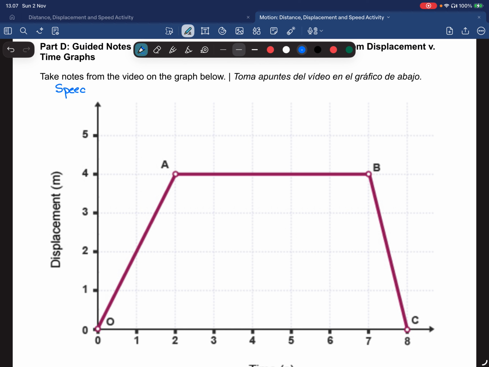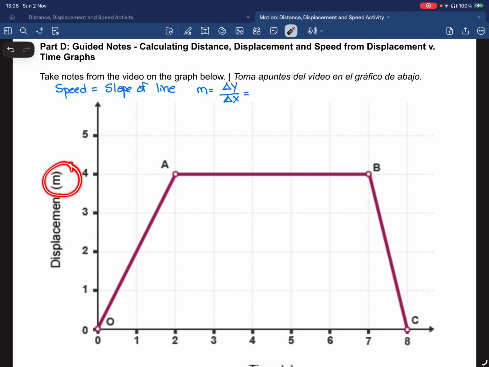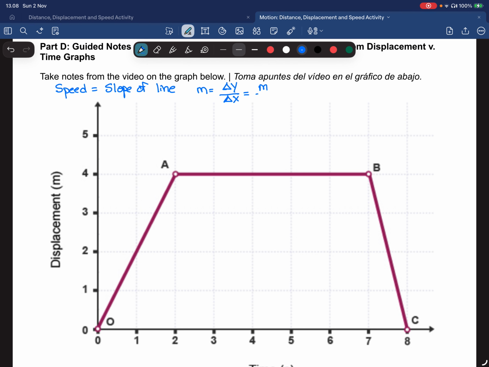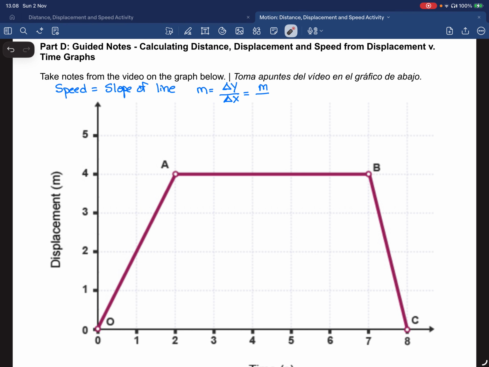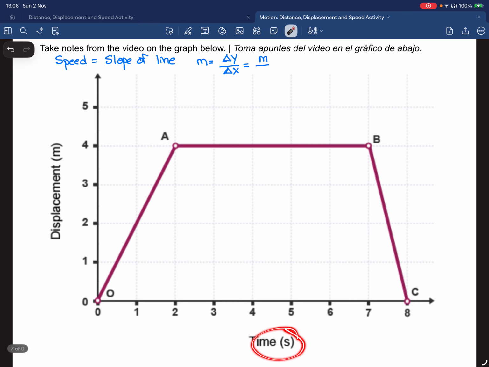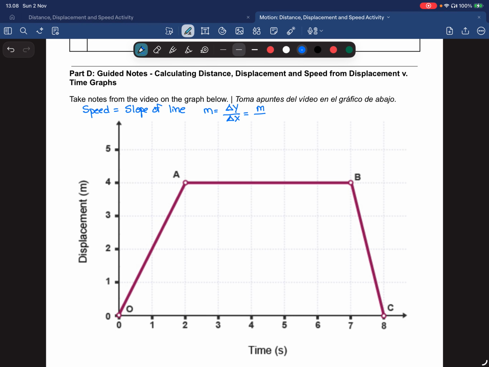Speed on a distance time graph like this is the slope of the line, because the slope of the line is change in y over change in x, and that's going to give you y is meters, x is seconds, so that's going to give you units of meters per second.